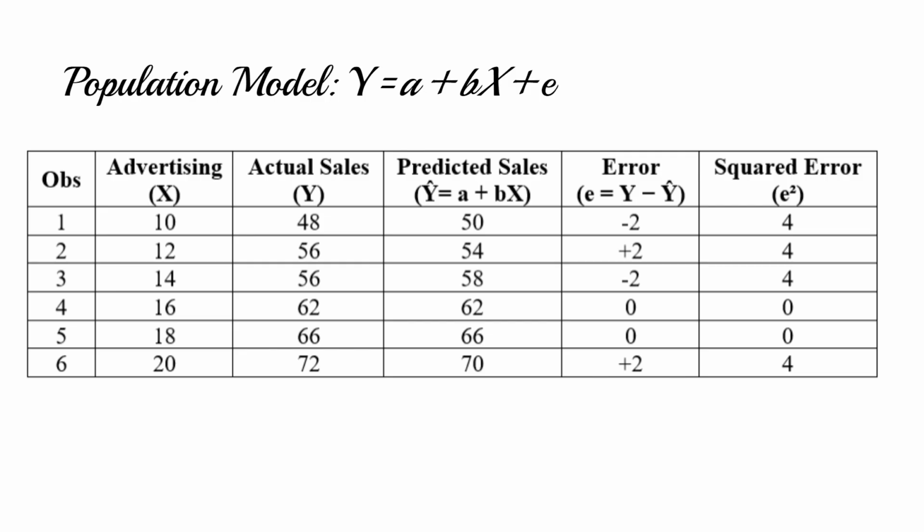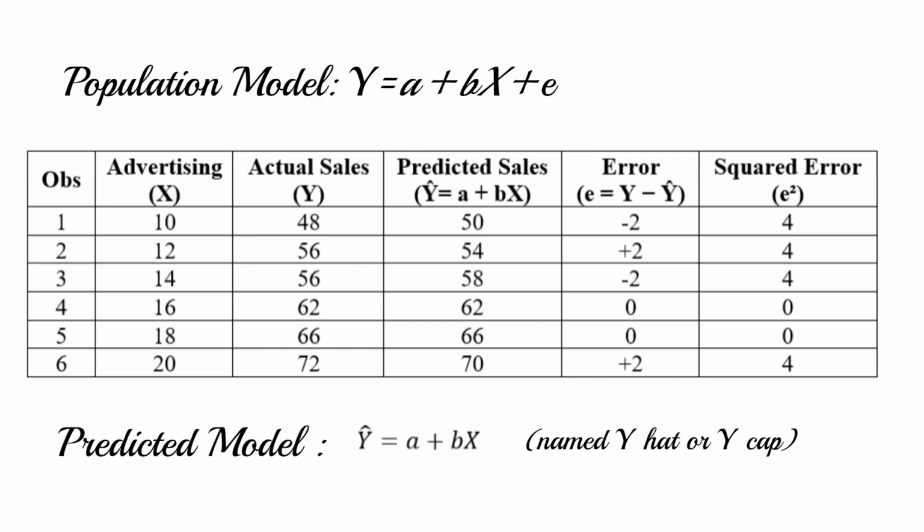When we run the regression, our software gives the predicted model. Using the predicted model, we find the predicted values of y for each value of x. We know that by definition, error is the difference between the actual sales and the predicted sales. So we have this column of errors here for our model.